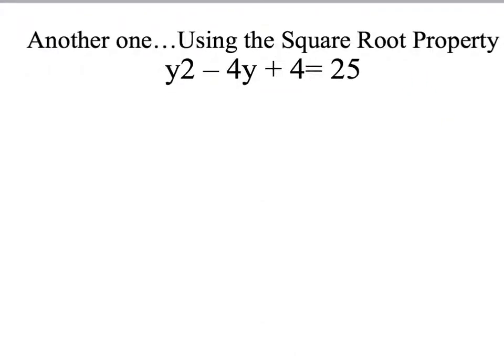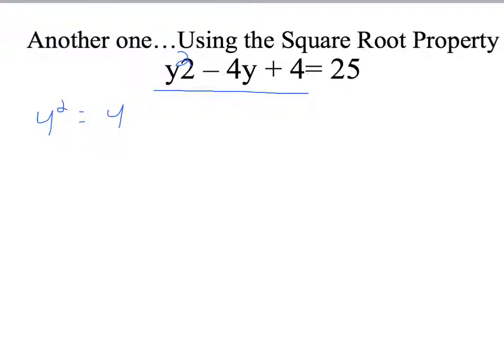Okay, let's try another one together. Okay, so this one we see that we first need to factor. Okay, again, if you look in your notes, this is y squared. So what we want to do here is first look and see if this is a perfect square trinomial. Okay, so I see that the first term is a perfect square because the square root of y squared is just y.